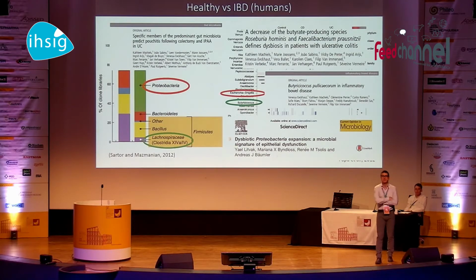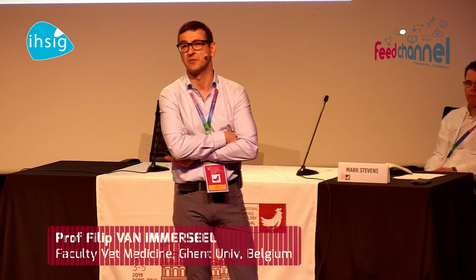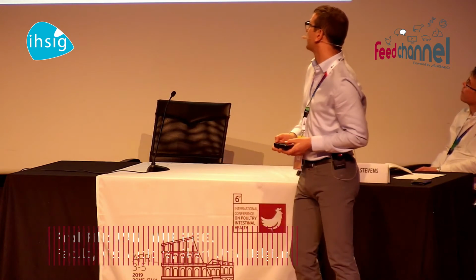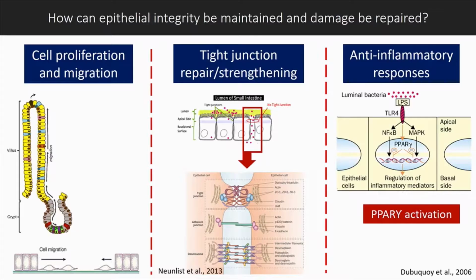It shows that, in fact, a strain or genus that we have been isolating from chickens is actually also found in humans, and this is also very important there in gut inflammation. So the less abundant this bacterium is, the more chance that people get gut health problems. Okay. And you can do exactly the same with necrotic enteritis. You see similar shifts. So it's all a bit related.